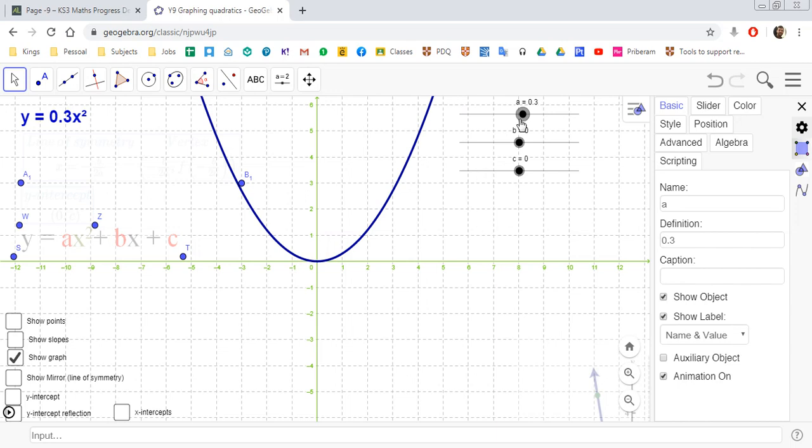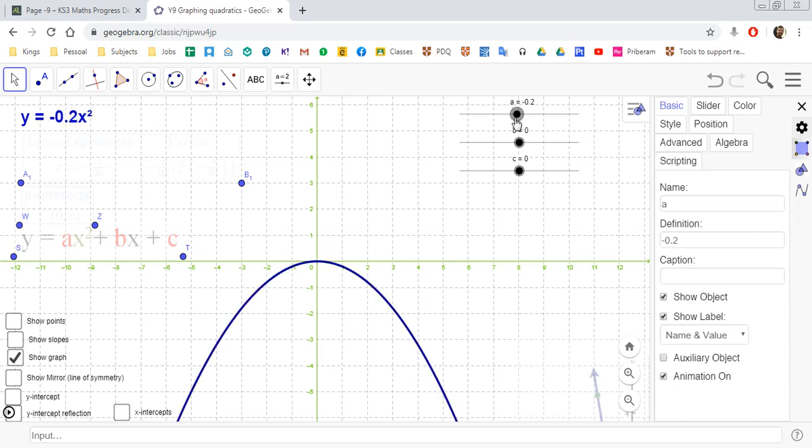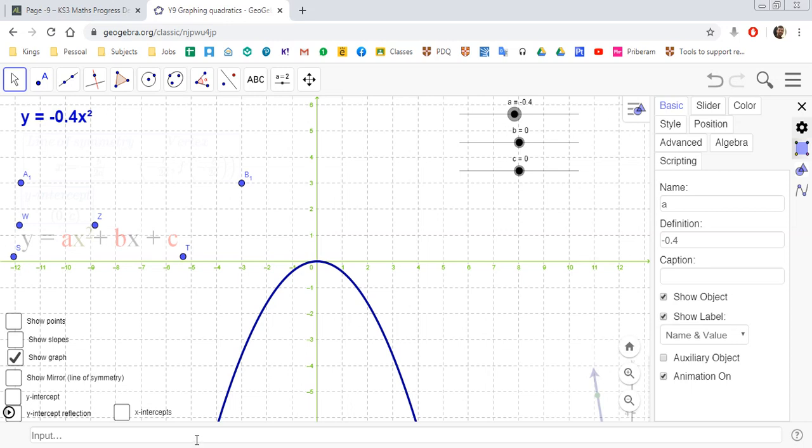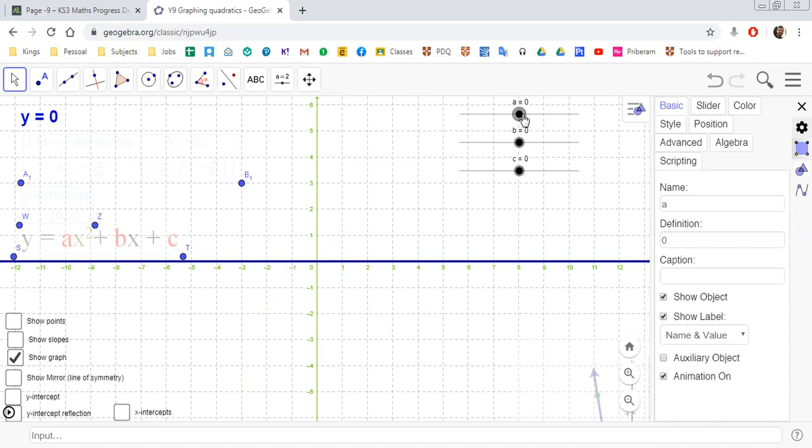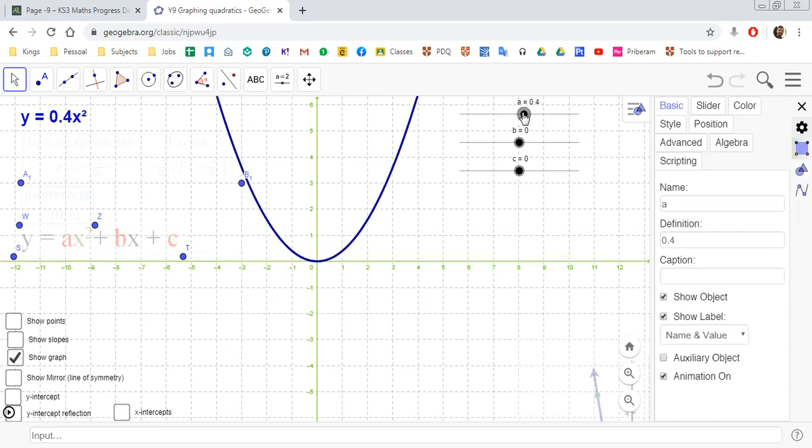If you go for negative numbers, you're going to have your parabola pointing down. So it's coming from minus infinity, it's going to have a maximum, and then it's going to go down again to infinity. These are the effects of the number just before the quadratic term.